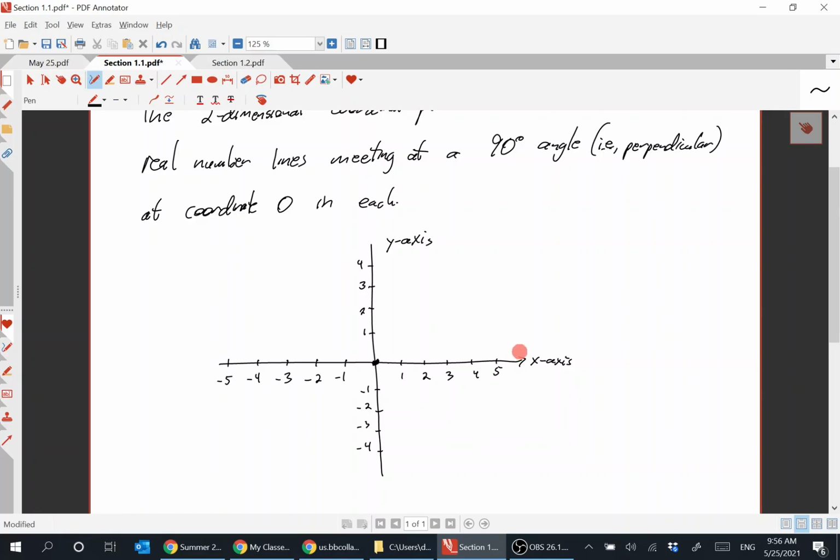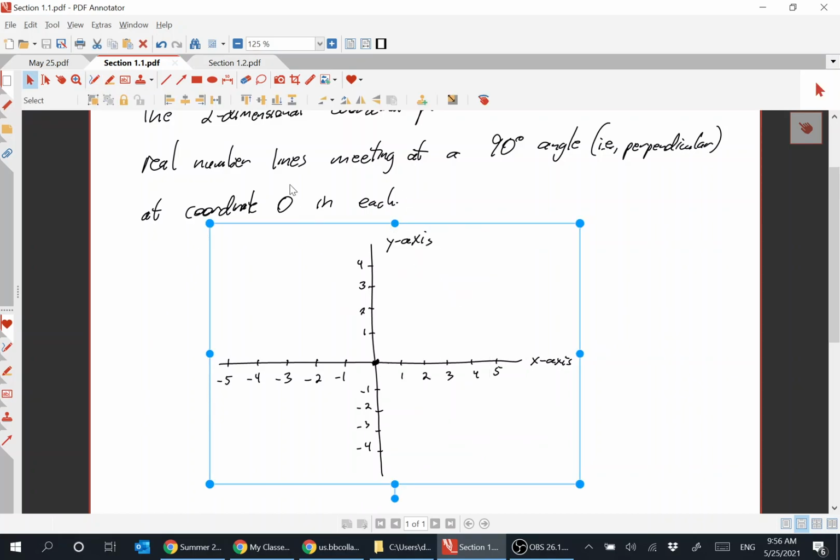You can skip these arrows when you're drawing this. It's clear that you're talking about infinite lines, and it's better not to clutter up your drawing with unnecessary items.